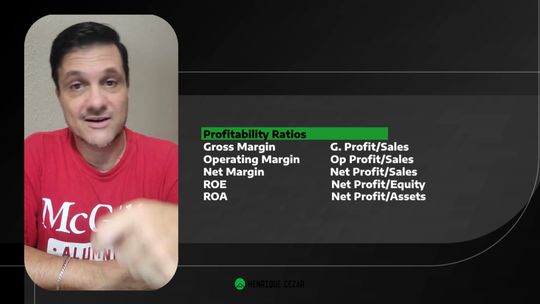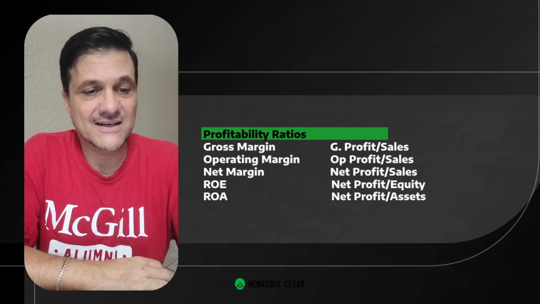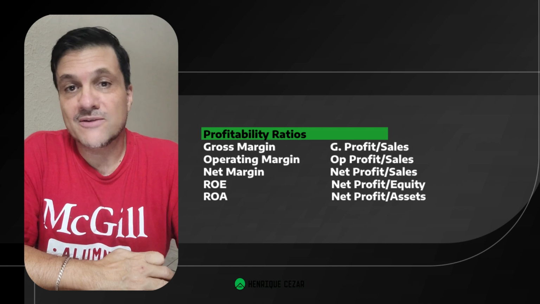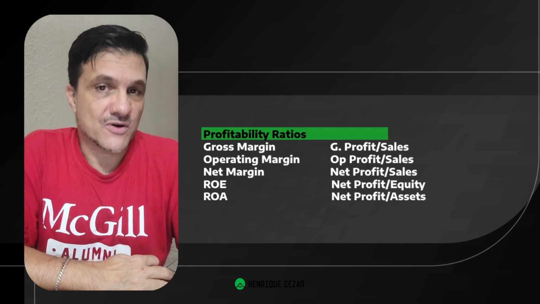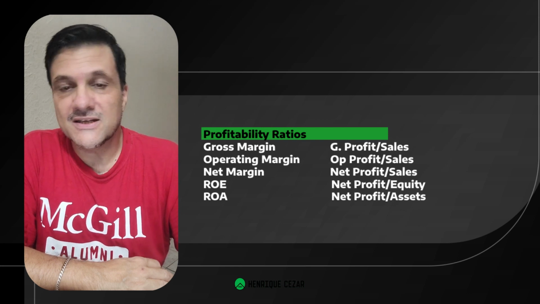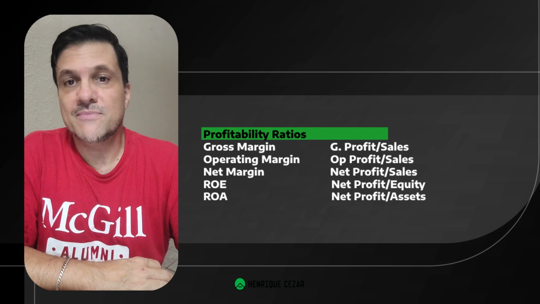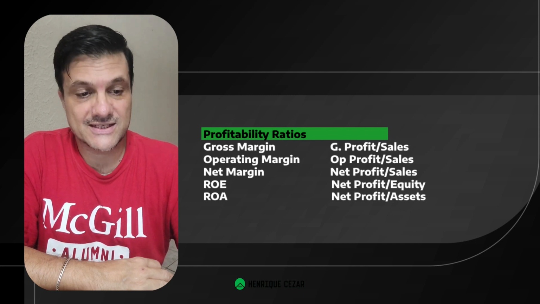Who or what is divided by sales? The name of the margin. So how easy it gets, right? Gross profit margin is gross profit divided by sales. Operating profit margin is operating profit divided by sales. Operating profit is your EBIT, earnings before interest and taxes.